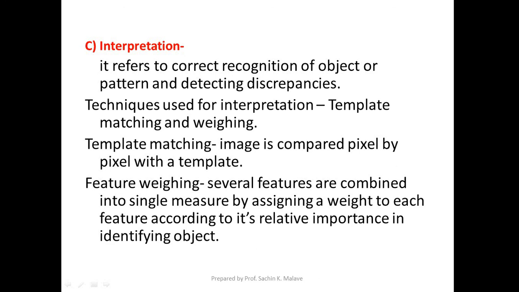The object identification is done by comparing the features of the standard component and the features of the actual component. Some kind of weightage is given to the features according to their relative importance, and depending upon the weight, the components are identified.